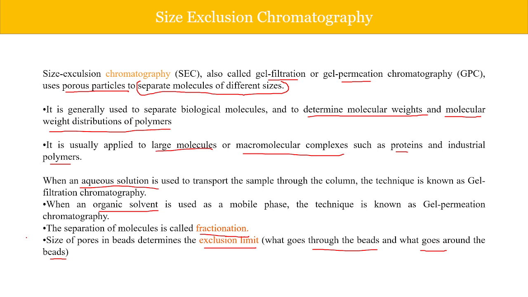The void volume is where you are not actually collecting your protein. It goes out when you are washing your column. Washing the column is important. So when you wash the column, your protein just washes off into the void volume. Only those proteins whose molecular weights are less than or equal to 5000 daltons will be inside the bead.